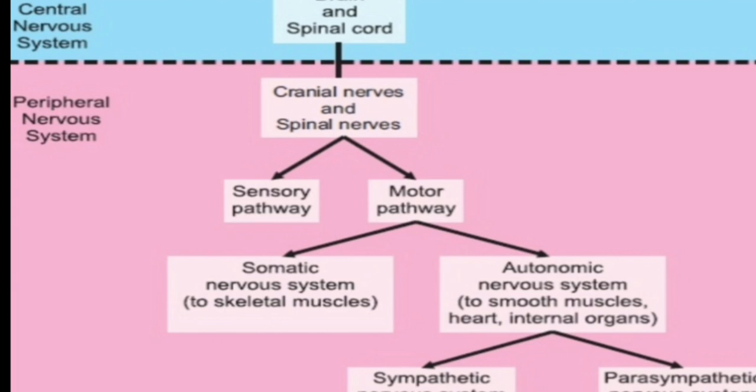And this autonomic nervous system is again divided into two systems: sympathetic nervous system and parasympathetic nervous system. Sympathetic nervous system prepares our body to face emergency situation, and parasympathetic nervous system normalizes all body functions.